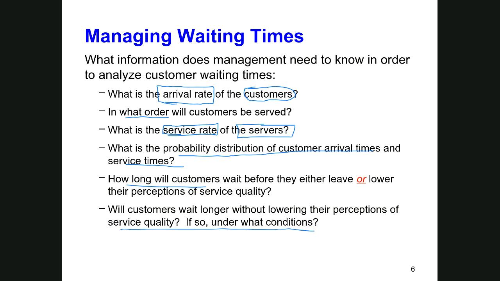One of the things I want to point out here is that in every case of our situation, we're going to describe the arrival rate of our customers using this parameter lambda. That is going to be our arrival rate. We're going to use the Greek letter mu as the parameter of the service rate for our servers.